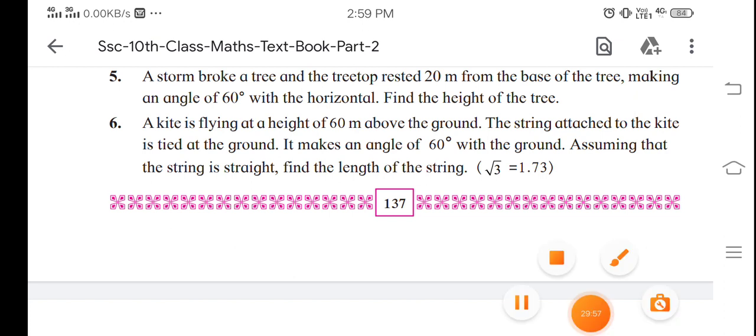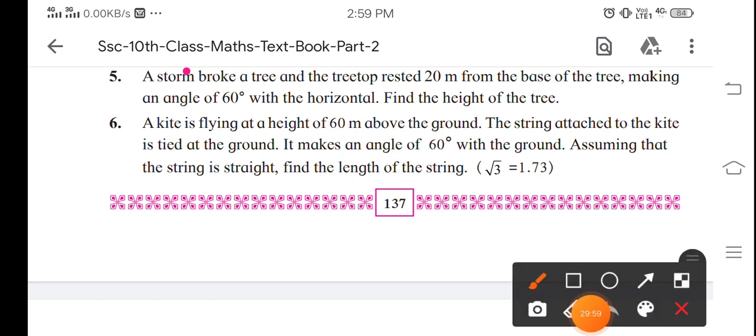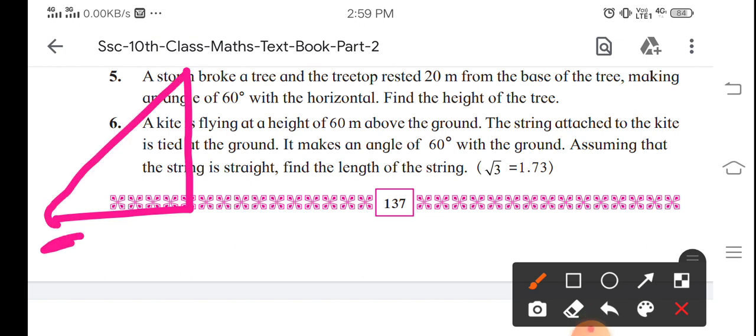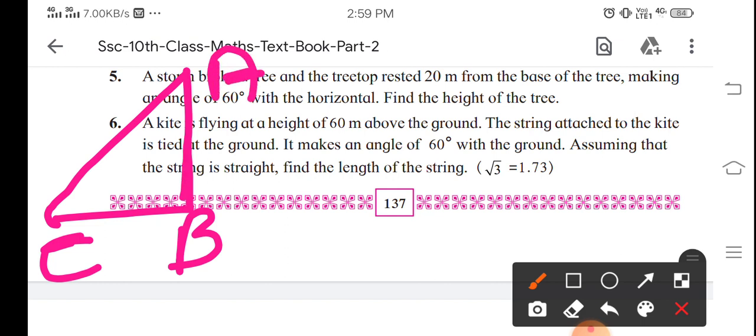Just assume I'll show you how we can draw the diagram. Suppose this is C, this is B, this is A. Now can you see this AB? Suppose this is AB and this is the height of the kite, which is above the ground, and this C is the position of the string. This is the kite, and this is the height from the ground.